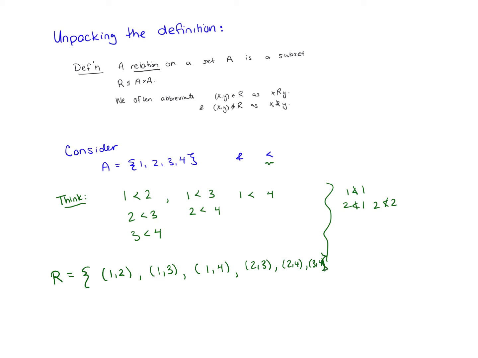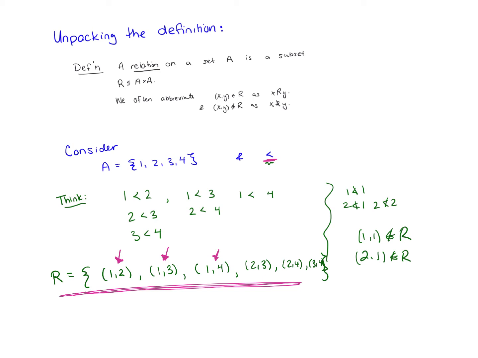In particular, notice that I didn't have 1, 1. That's not in R. I didn't have 2, 1. That's not in R. In R, I'm just listing the things that satisfy this relation. So we can see why we can think about these relations as ordered pairs. It's just the set of numbers that satisfy the thing that we're trying to say.